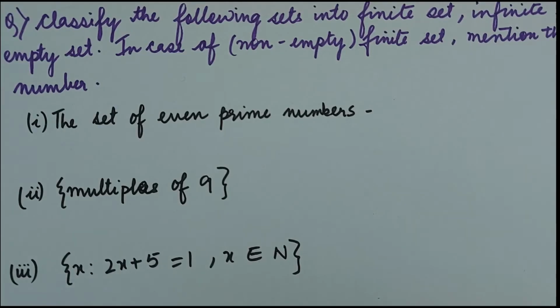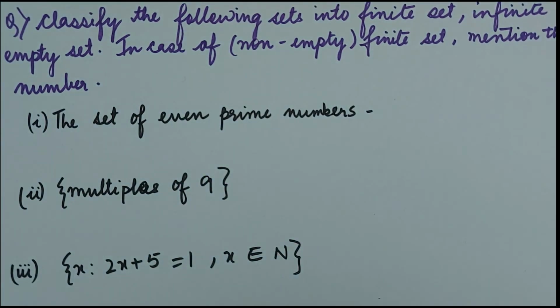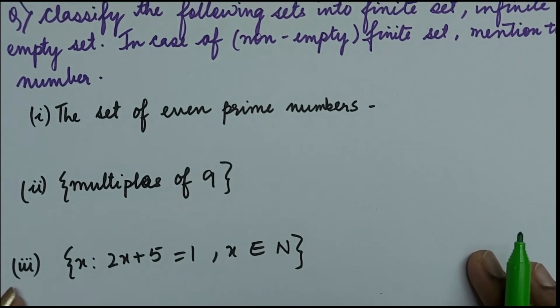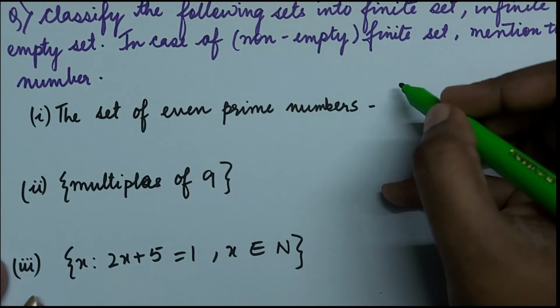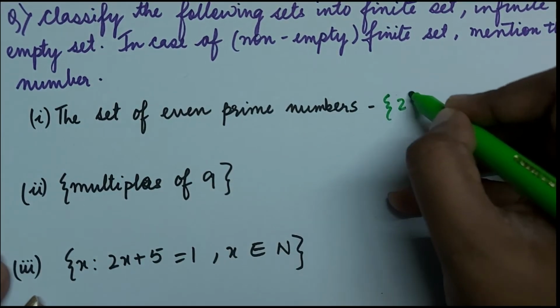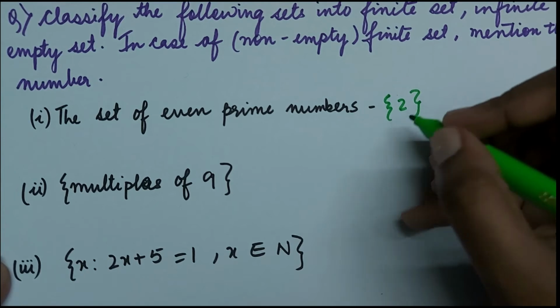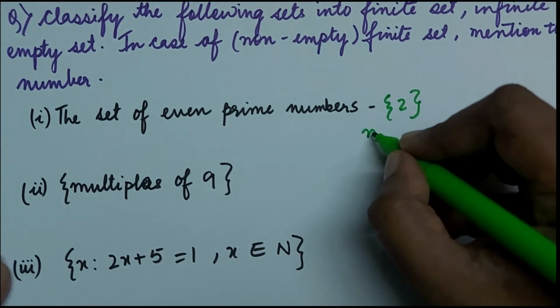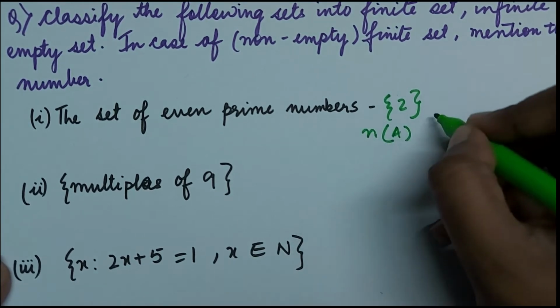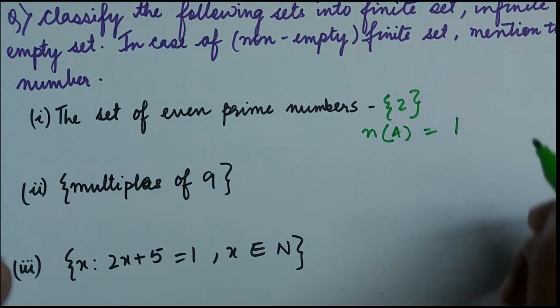Now let us take some questions and solve them. Classify the following sets into finite, infinite and empty sets, and in the case of non-empty sets you have to mention the cardinal number. So the set of even prime numbers, as I already told you, has only one even prime number, that is 2. So the cardinal number of this set, suppose I call it set A, is 1.